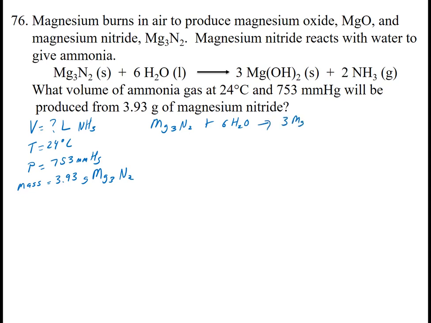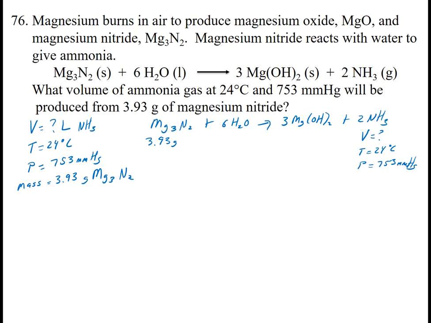It makes it, to me, a little easier to see. So magnesium hydroxide plus 2 NH3s. This is the volume that we want. I'll write down the temperature of 24 degrees C and the pressure of 753 millimeters of mercury, and we have 3.93 grams of this.